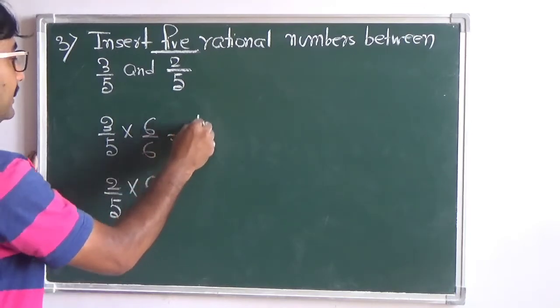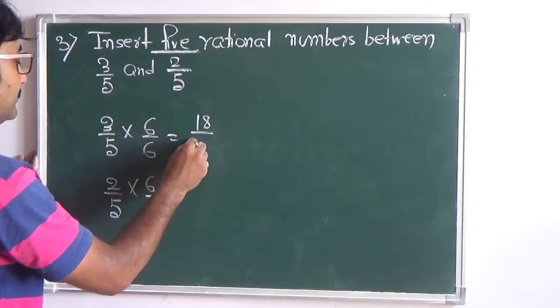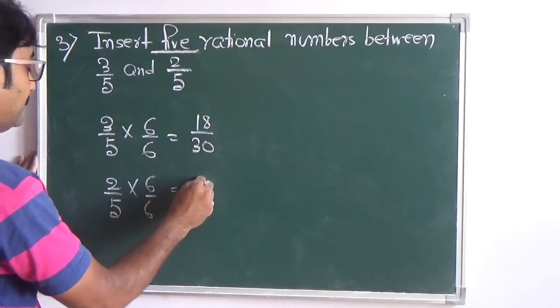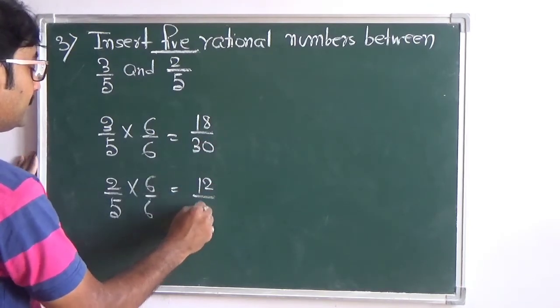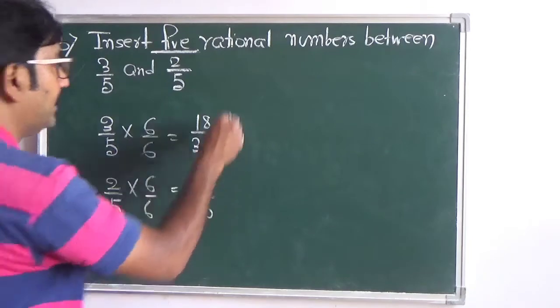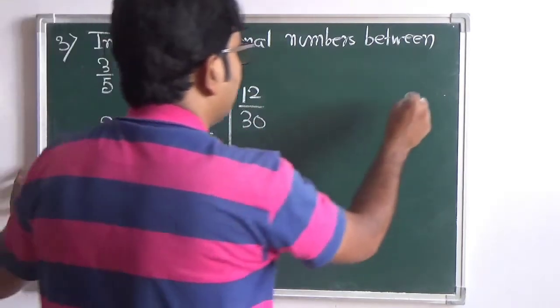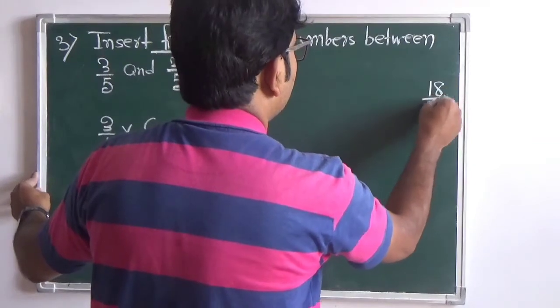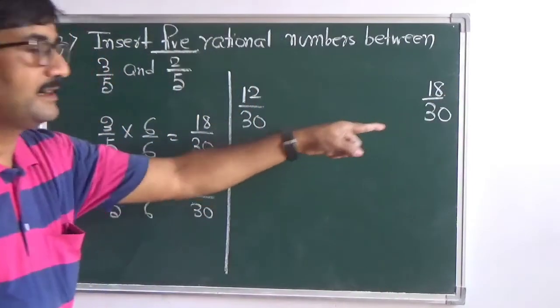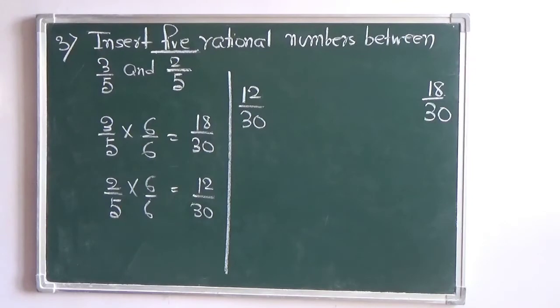So you get 18 by 30, and here you get 12 by 30. Now you have to find rational numbers between 12 by 30 and 18 by 30. Once the denominators are the same, just look into the numerators.